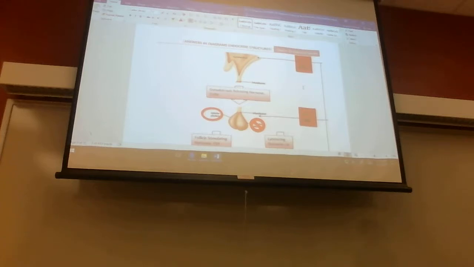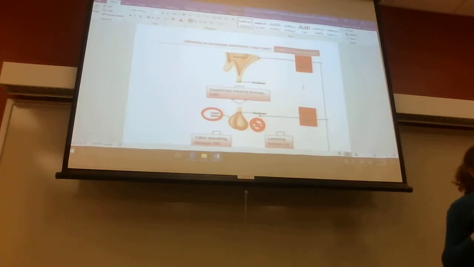Follicular is the cell, which we're going to talk about, the egg. The male, it's the sperm. We're then going to talk about the female reproductive organs and female hormone control, which looks like this, because the female hormones are kind of all over the place, so this will be nice.